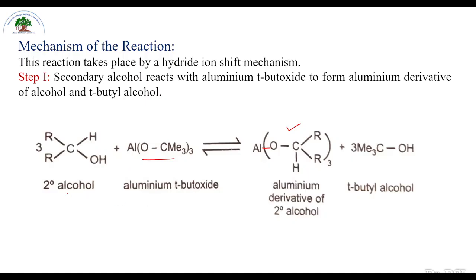So here secondary alcohol reacts with aluminum tertiary butoxide to form the secondary alcohol derivative of aluminum.